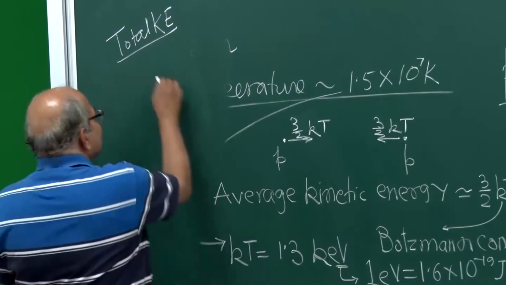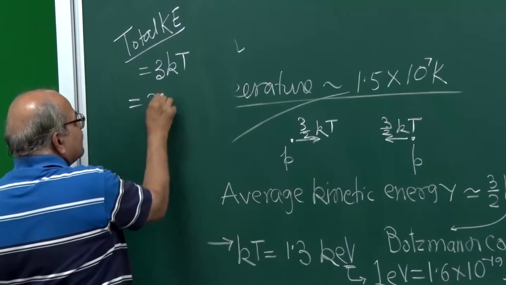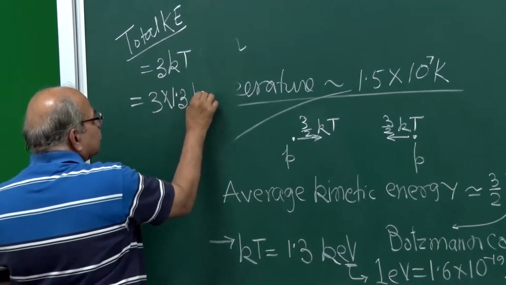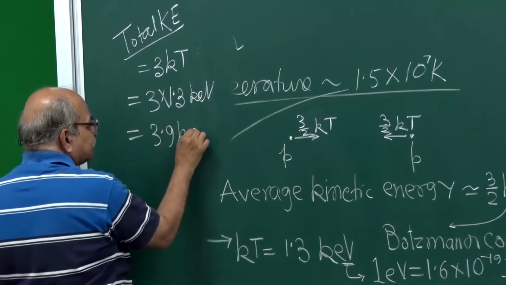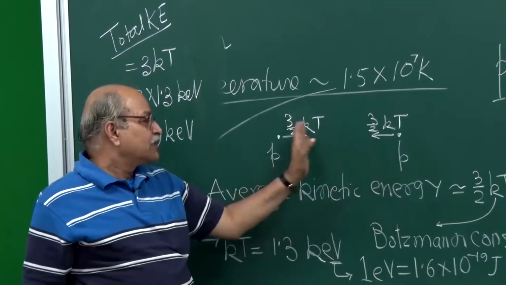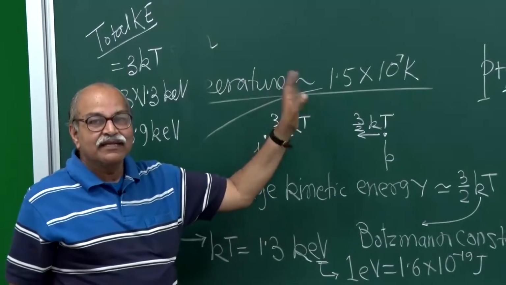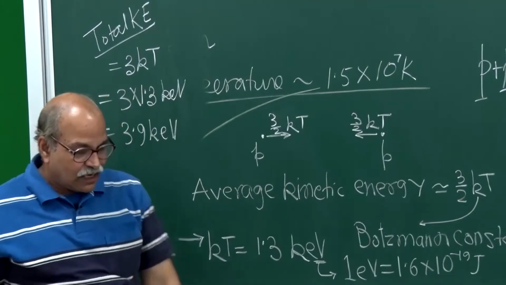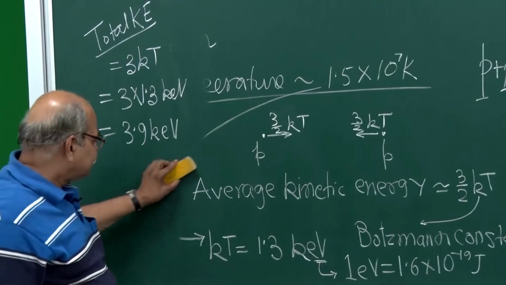This will be 3 times kT, and this is 3 into 1.3 kilo electron volt, which is 3.9 kilo electron volts. Okay, so this is the kinetic energy here. The separation is large, so the electrostatic potential energy you can take as very small, almost 0. Okay, how do you write electrostatic potential energy?